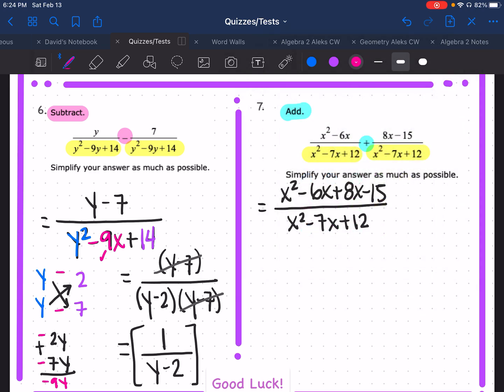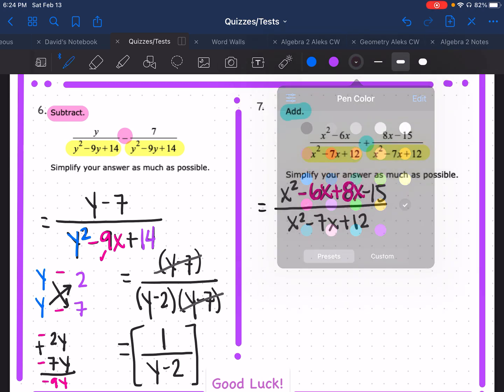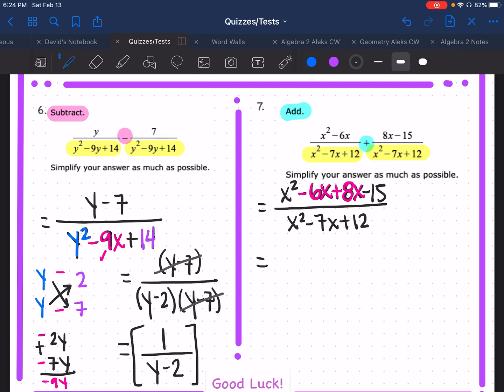So I'm going to grab the pink because they're my B terms, and I can go ahead and add these two together. These are my common terms. And so I have x squared plus 2x minus 15 and x squared minus 7x plus 12.